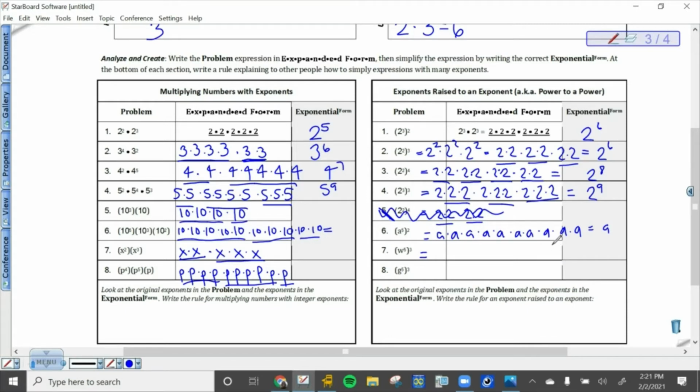So I just want you to write the expanded form and then the exponential form.